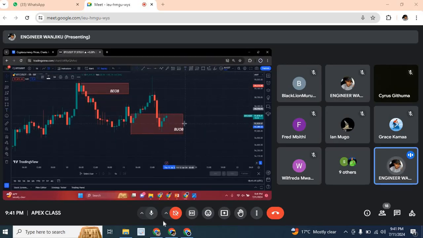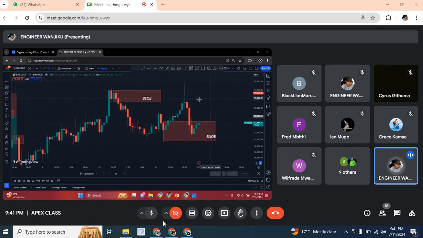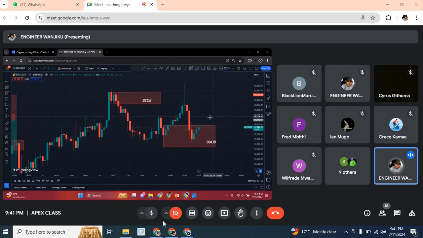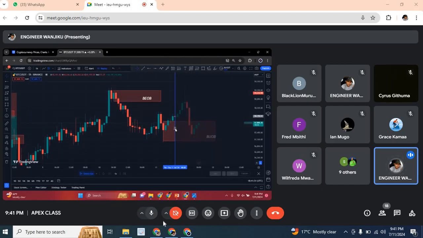So what you can do, no wonder we are saying order blocks can be used as POIs. POIs means it can be an entry point or an exit point. So in this case right here, one could have identified that this is a bearish order block.